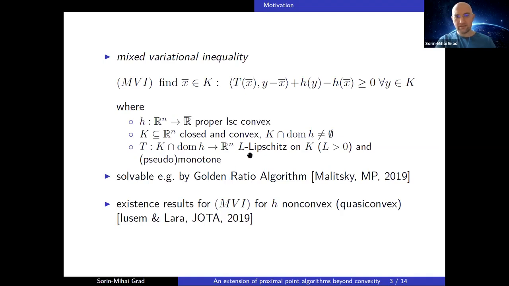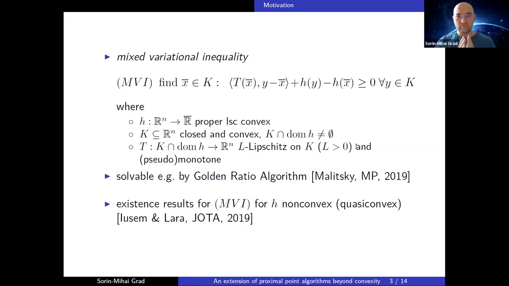On the other hand, if the convexity fails here, then even in the case of a compact set, there may be no solution to such a mixed variational inequality. Existence results in the non-convex case were given by my co-author Felipe Lara and Alfredo Iusem in a recent paper with H taken quasi-convex.